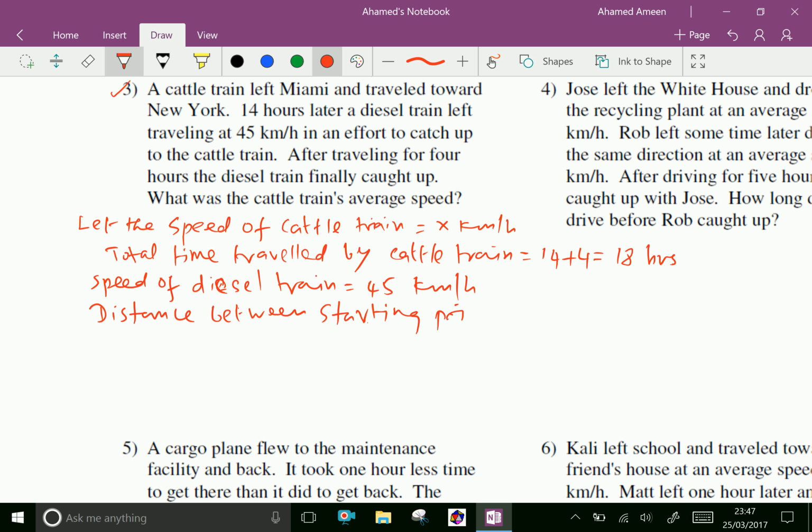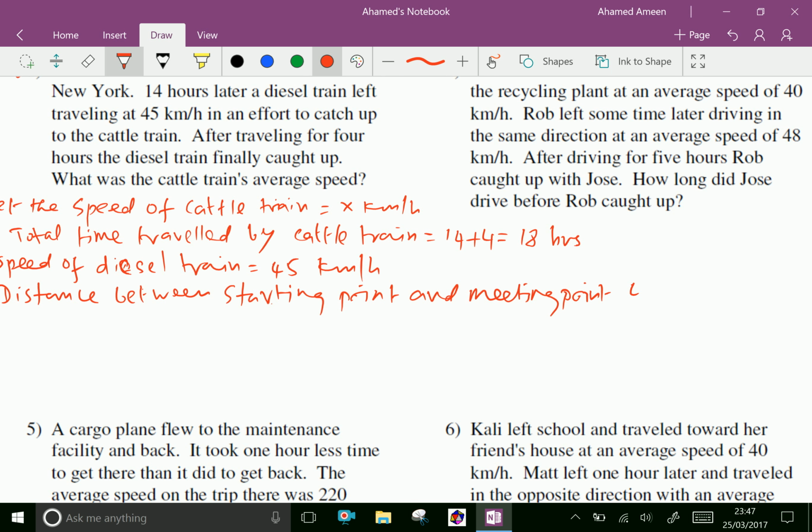Starting point and meeting point equal 45 into 4. 45 into 4 equal 180 kilometers.